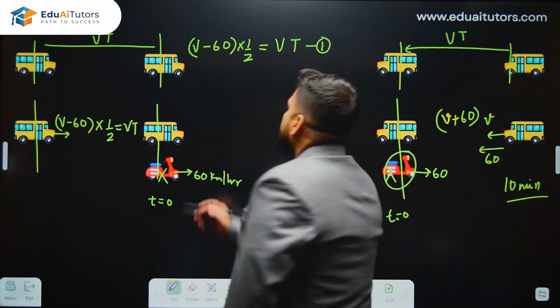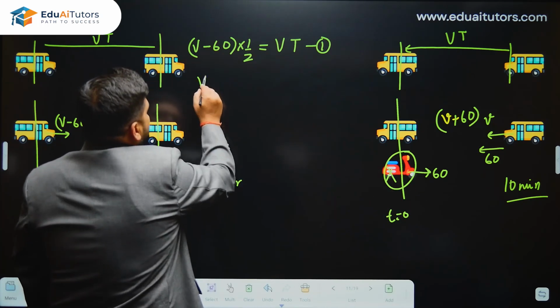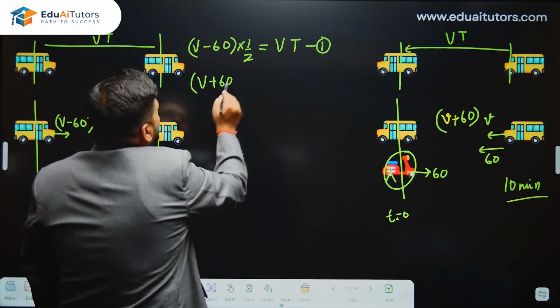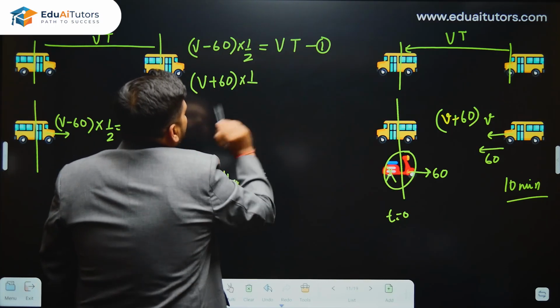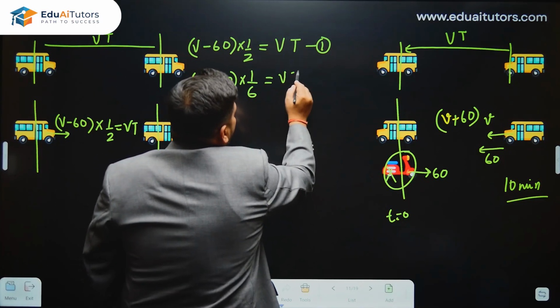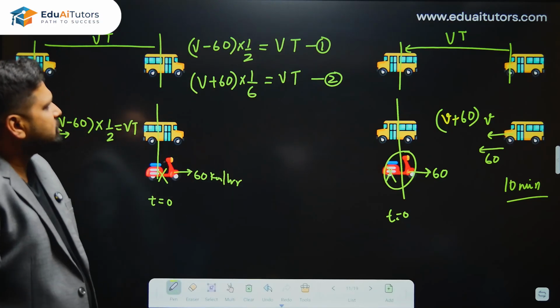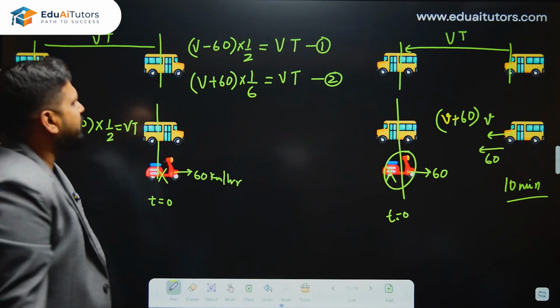That means 10 minutes is 1/6 of an hour, right? So I can write V plus 60 times 1/6 is equal to Vt. This becomes my second equation. If you look at both of these equations, the right hand sides are equal, so I can equate the left hand sides.